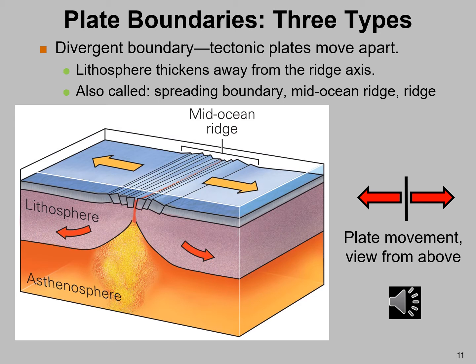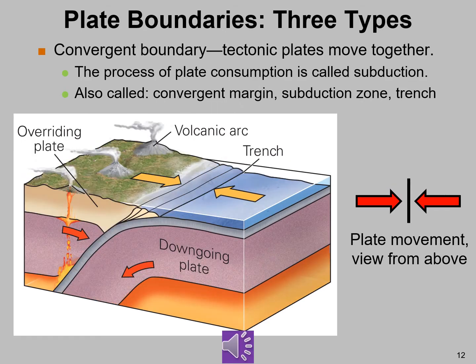At a divergent boundary, two plates move away from the axis of a mid-ocean ridge, and new oceanic lithosphere forms as the lithosphere thickens away from the ridge axis. They are also called spreading boundaries, mid-ocean ridge, and ridge.